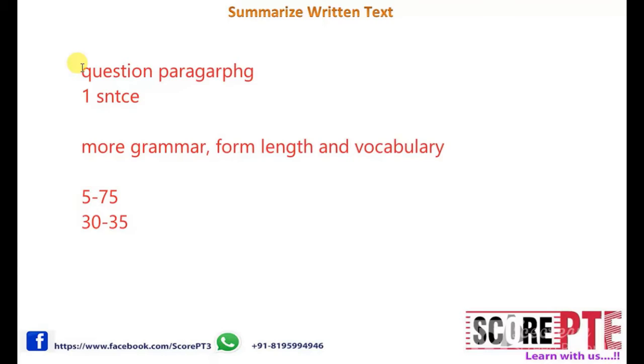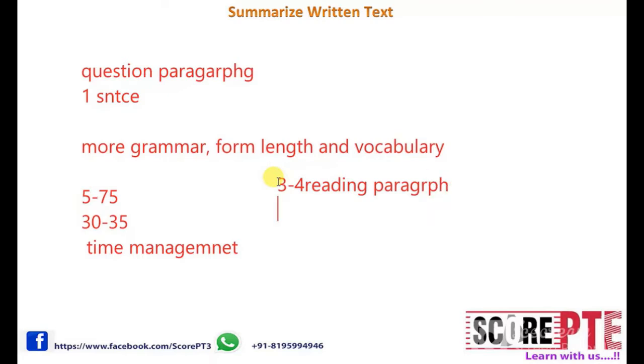And one more important factor is time management. We had discussed how you can manage time to make a good sentence. In time management we discussed that you have to take 3 to 4 minutes for reading the paragraph, 4 to 6 minutes for writing, and 1 to 2 minutes for proofreading.